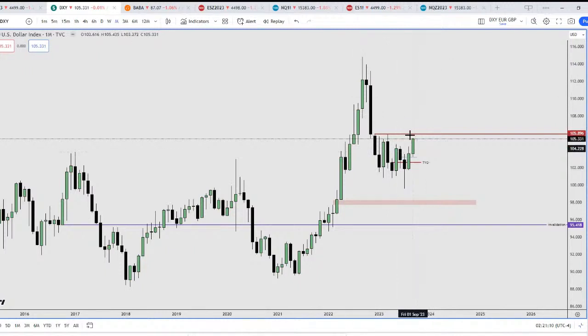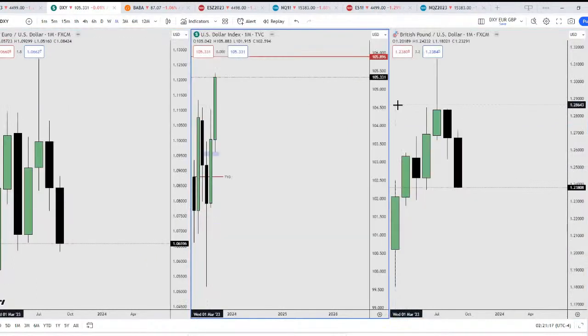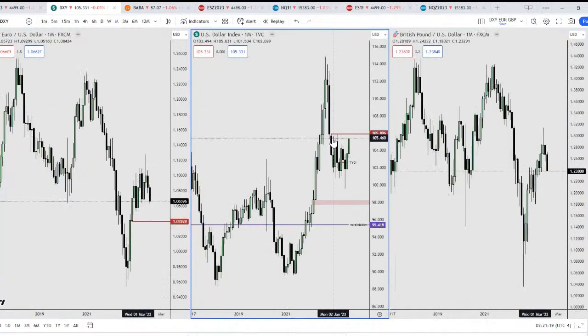If that's the case, then it lines up nicely for bearish equities as well. And if you take a look at the bond prices, they are bearish as well. So on higher time frames, we are lining up very nicely for bearish prices in the overall markets, except for the DXY.